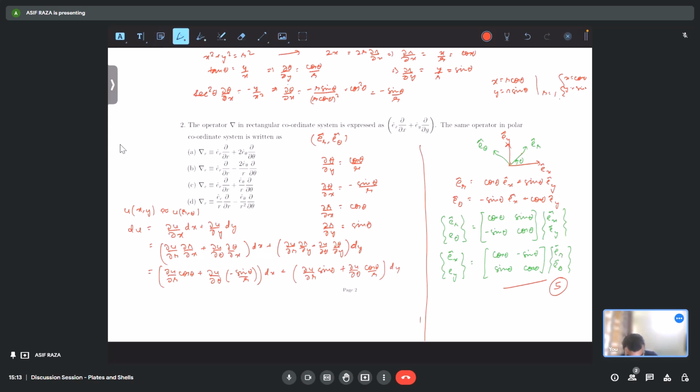So if we see dou by dou x as coming out to be cos theta dou by dou r minus sin theta by r dou by dou theta, and dou by dou y as sin theta dou by dou r plus cos theta by r dou by dou theta.